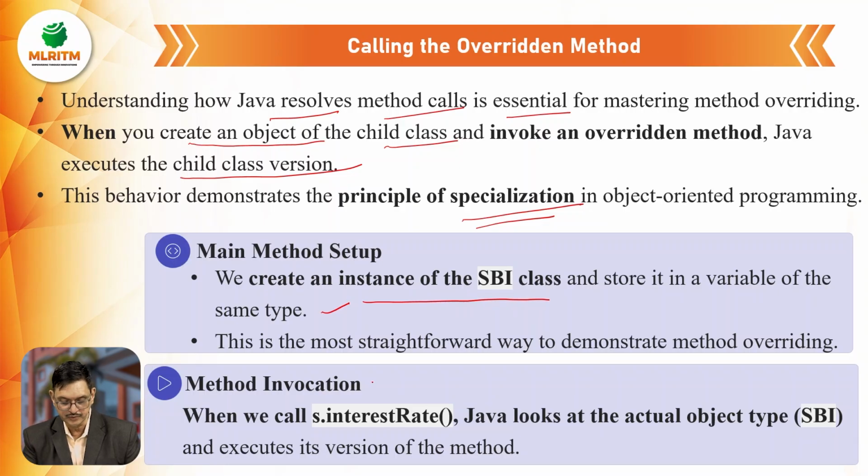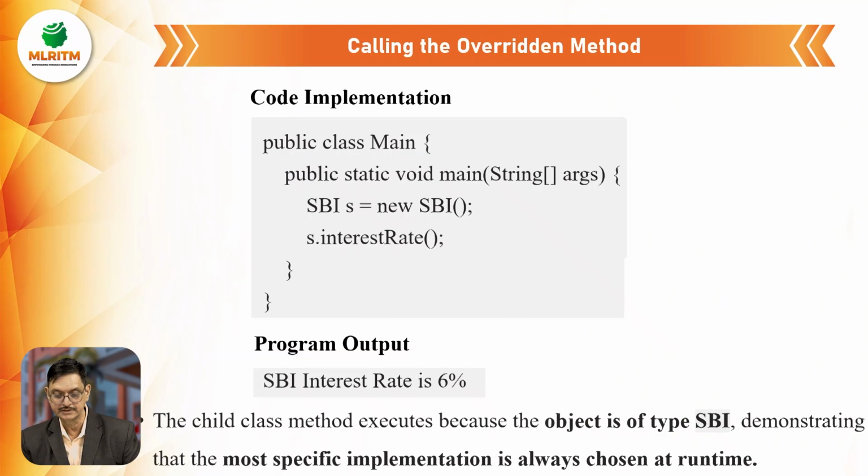That method invocation uses the object of the child class, using the dot operator, dot the overriding method. Java looks at the actual object type as SBI and executes its version of the method.